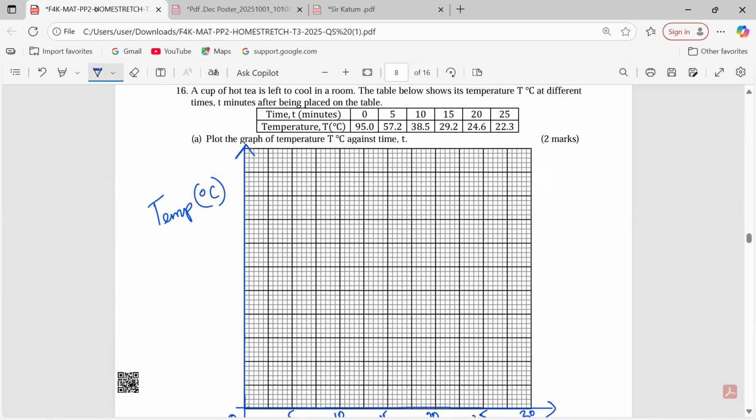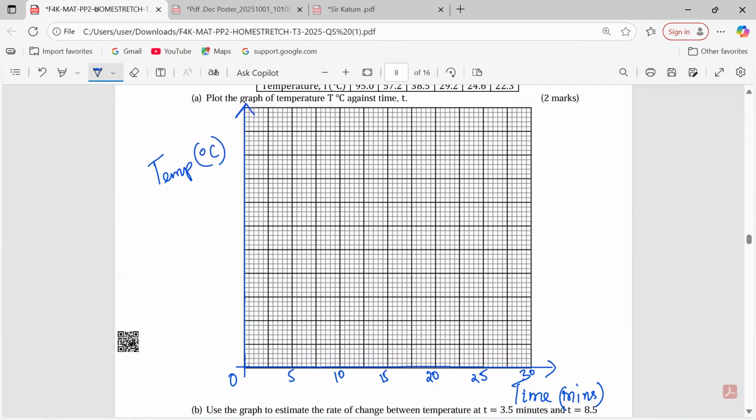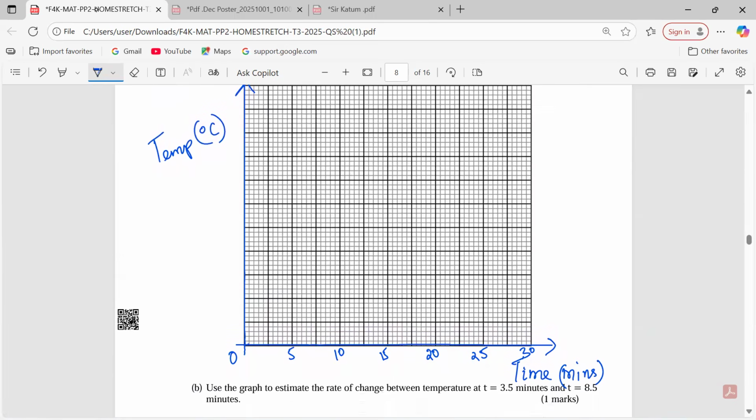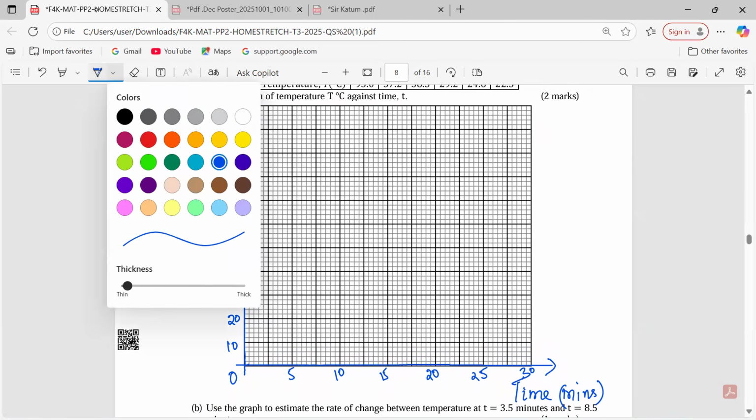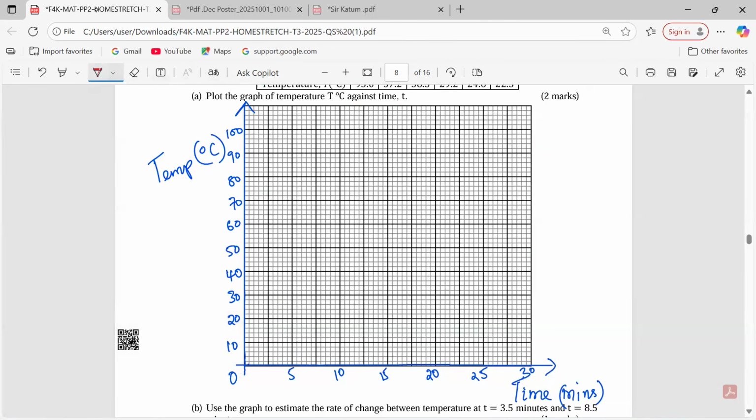All right, on the vertical axis, we can use intervals of 10 all the way to 100. So 10, 20, 30, 40, 50, 60, 70, 80, 90, 100. We have the scale properly marked.